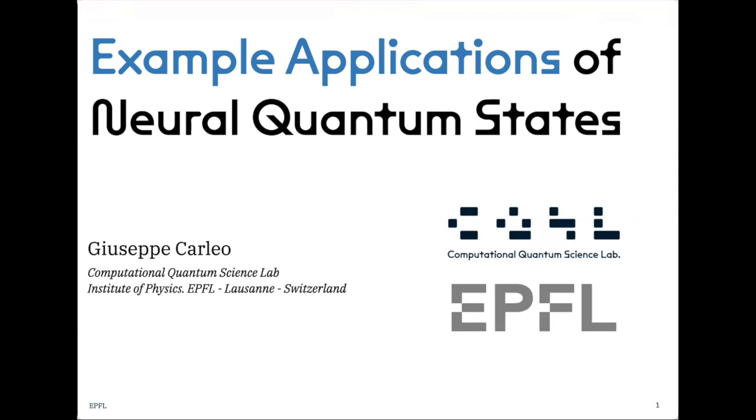So I just wanted to give you an overview of the basic applications that we do. This is really not a comprehensive list of applications, but just to give you an idea.